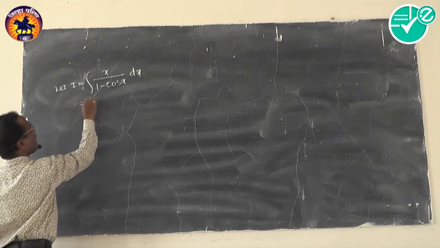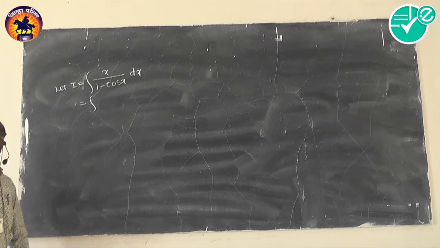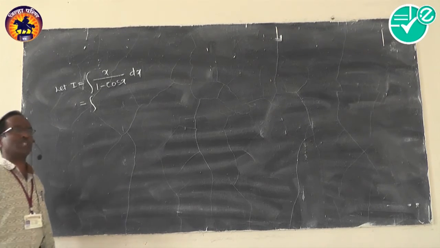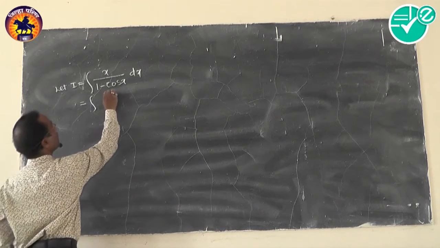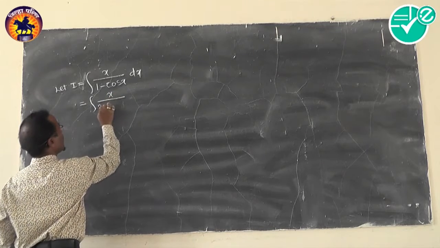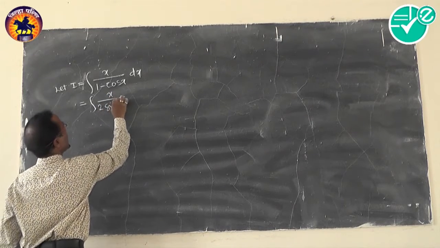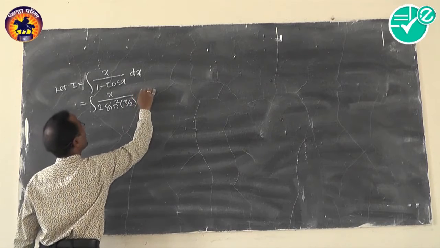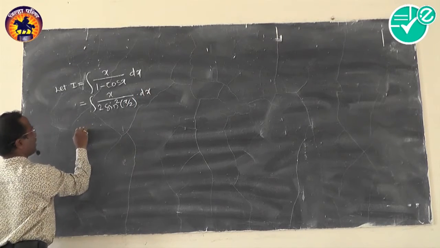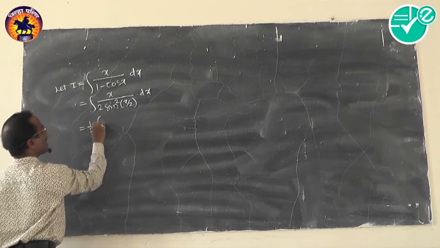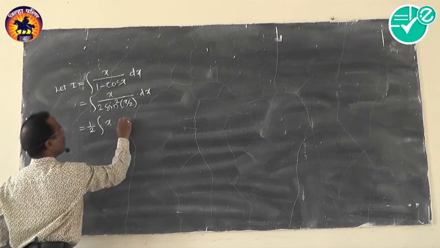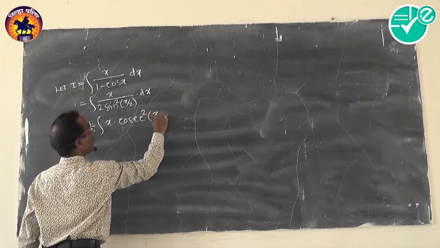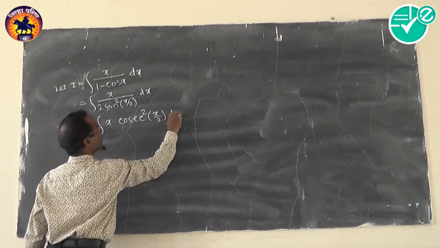We apply the formula for 1 minus cos theta, which can be written as 2 sin square theta by 2. So x upon 2 into sin square x by 2 dx, and this can be written as 1 by 2 into integral of x into cosec square x by 2 dx.